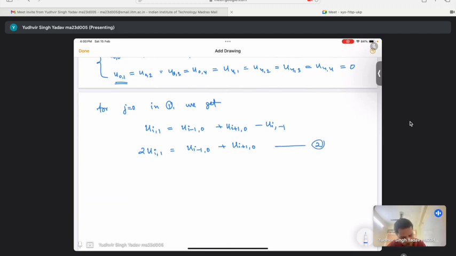Let us say this is number 2. You can note that here we have used the relation u(i, 1) equals u(i, -1). So we have a hybrid equation, or scheme number 2.